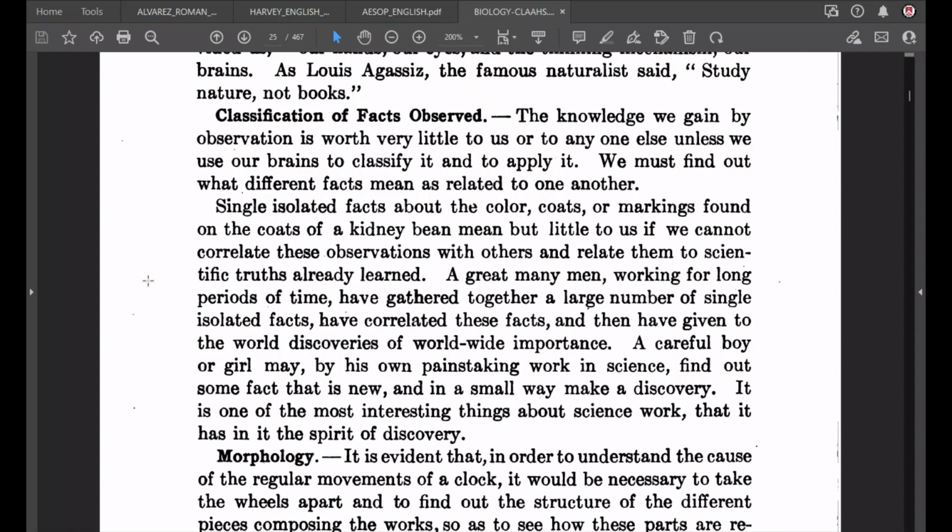The knowledge that we gain by observation is worth very little to us or to anyone else unless we use our brains to classify it, to organize it, and apply it. We must find out what different facts mean as related to one another. We have to classify, organize information. Things that we observe have to be classified.